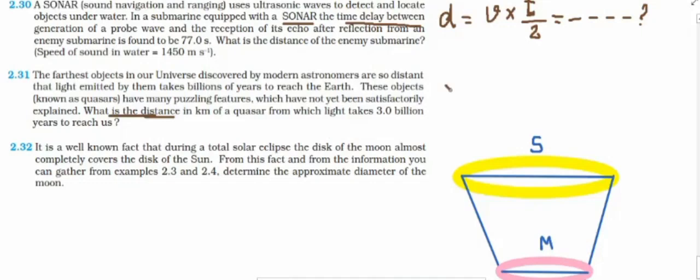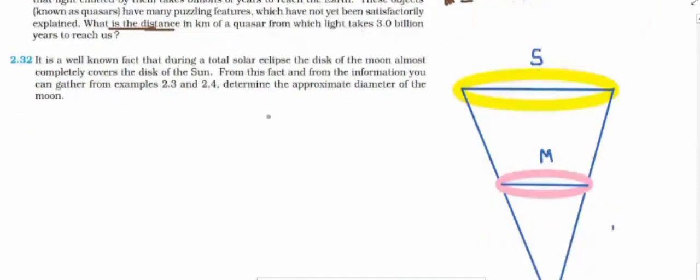So that we can calculate the distance. D is equal to speed of light into time. Speed of light is 3 into 10 power 8 meter per second, and the time is 3 billion light years. Convert light year into seconds and substitute in the formula so that you get the answer for the distance.